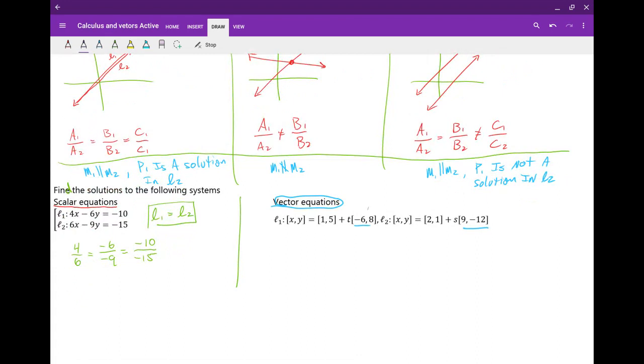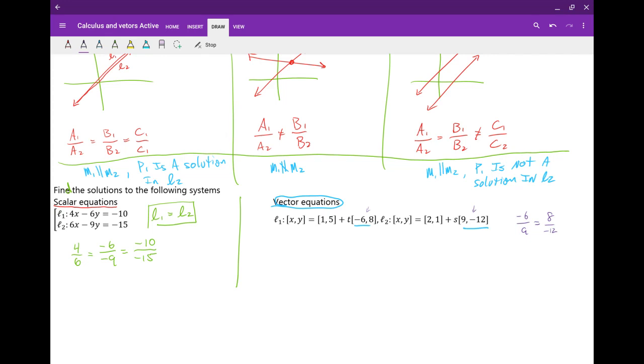My slopes are here and here. So I'm going to do negative 6 over 9. Is it equal to 8 over negative 12? What is this? 2/3 and 2/3. Shoot, they are equal. So I know that line 1 is parallel to line 2.